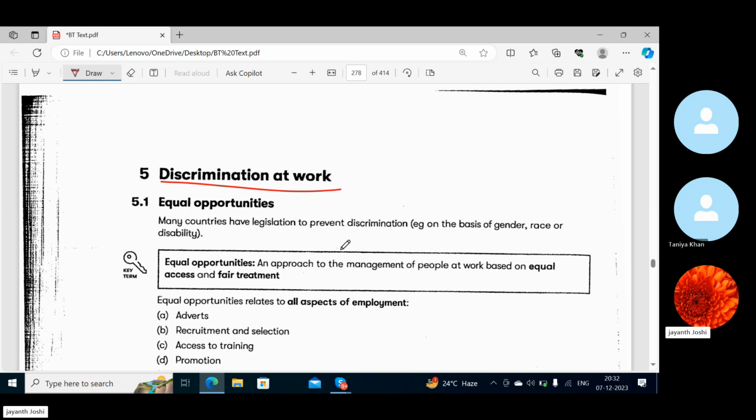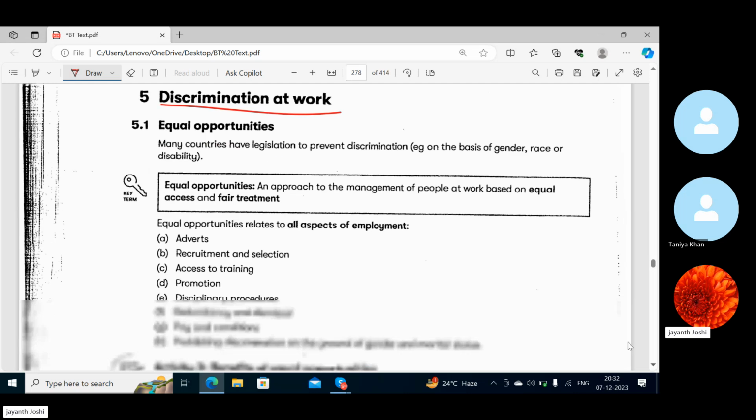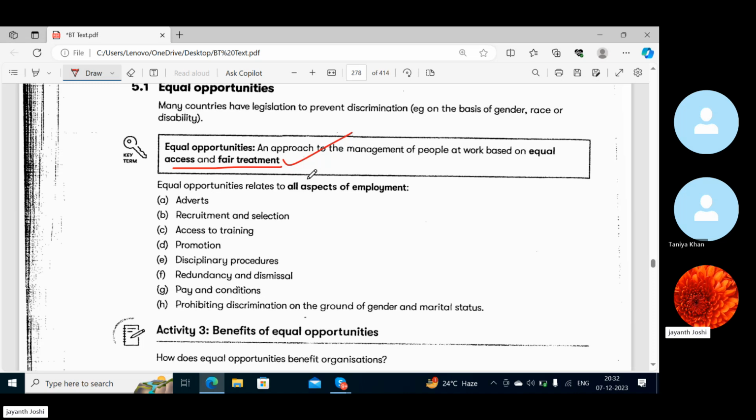So equal opportunities is an approach to the management of people at work based on equal access and fair treatment. Every company should be hiring people based upon their skills, but not based upon their ethnicity, religion, culture, caste, creed, gender, etc.